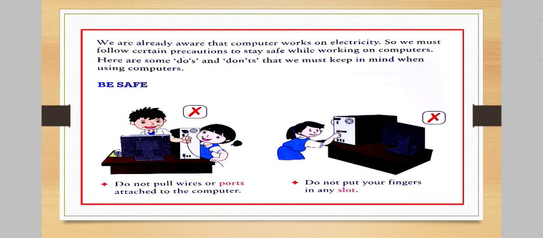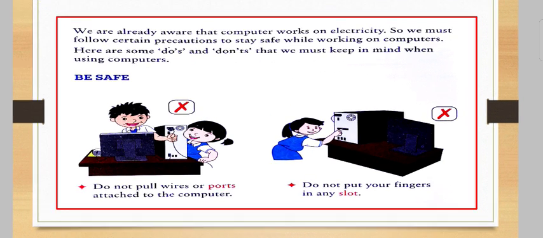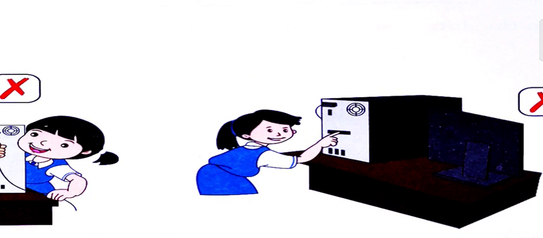Next is, do not put your finger in any slot of the CPU box. You should remember this when you are working on a computer. Please do not put your fingers in any type of slot.